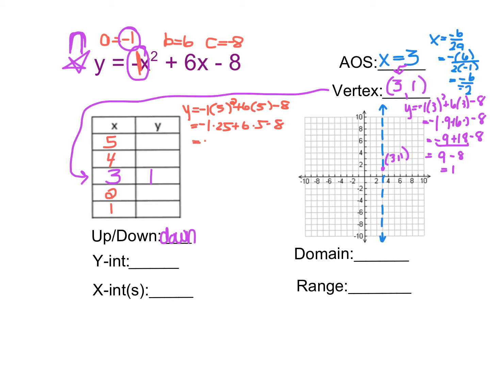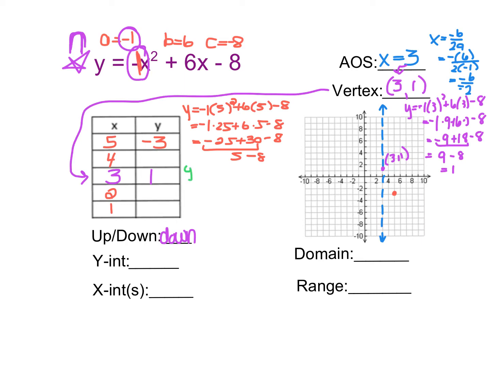So that turns into negative 25 plus 30 minus 8, which then becomes 5 minus 8, which becomes negative 3. So I know that when x is 5, y is negative 3. And then I can move forward and calculate my next point.